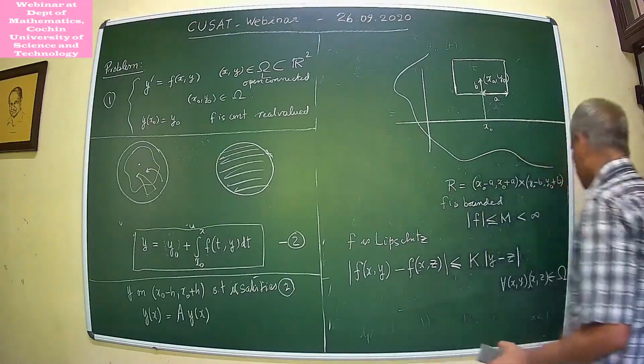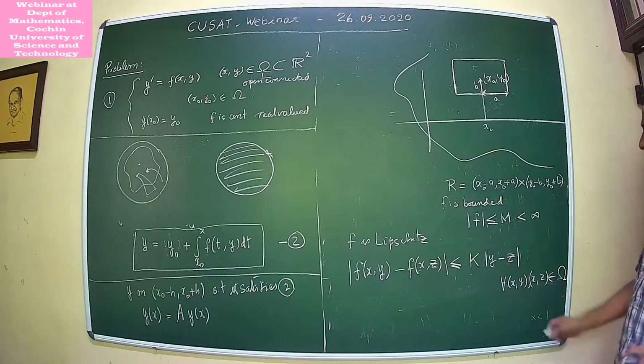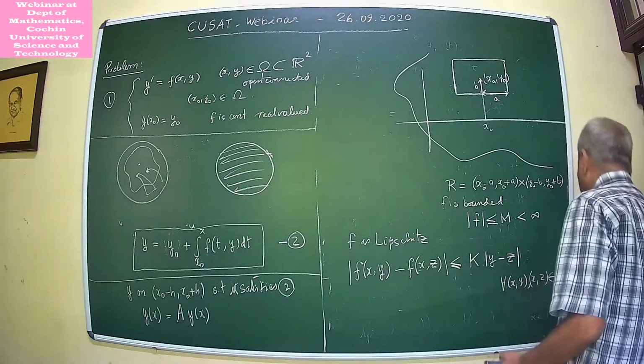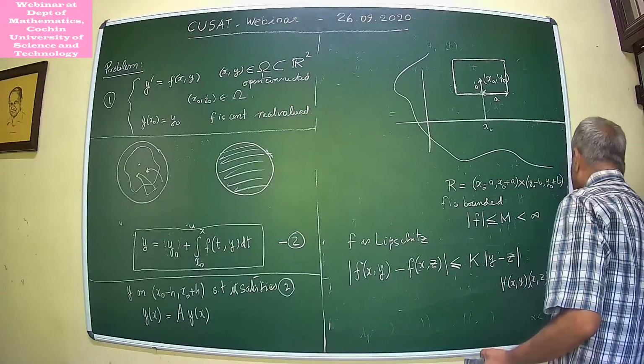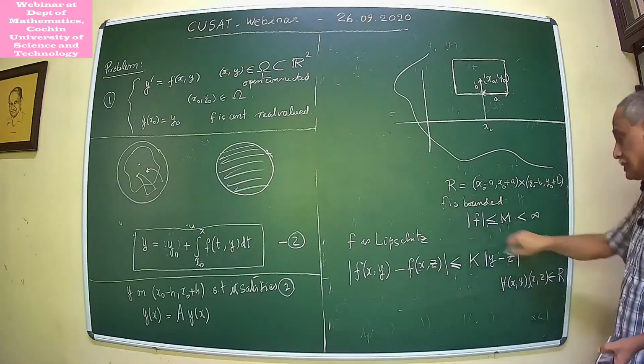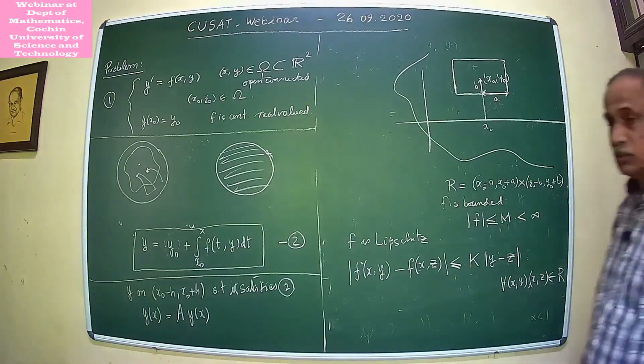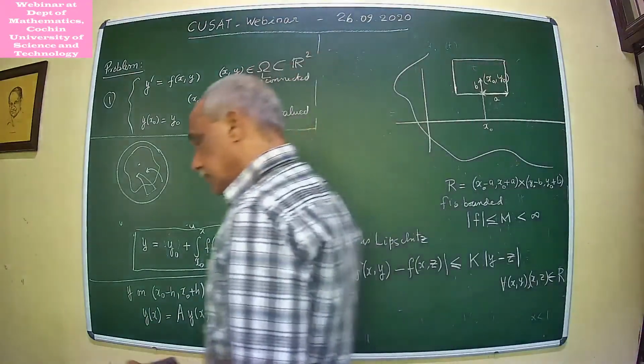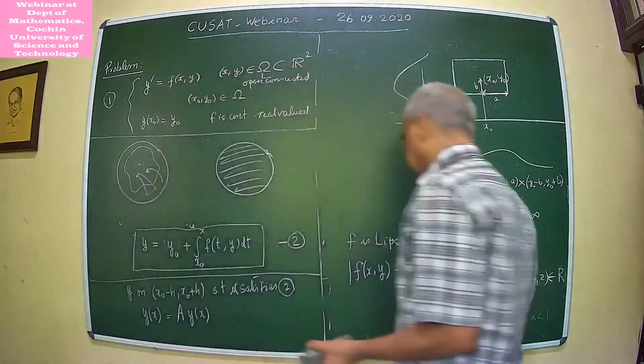So we assume f is Lipschitz, or at least for R you assume it satisfies this condition. This is what you call the Lipschitz condition.